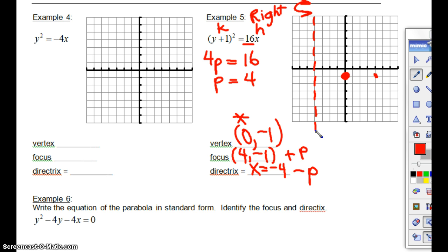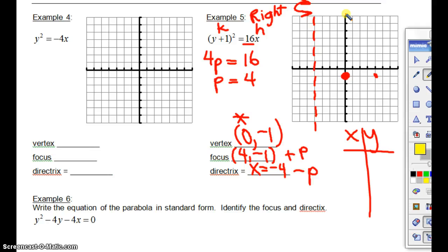For my table of values this time, since my y term comes first, my y term is squared, I'm going to give y some values. And I'm looking on my y-axis to determine what values I'm going to choose for y. I want to choose a y value on either side of my vertex.